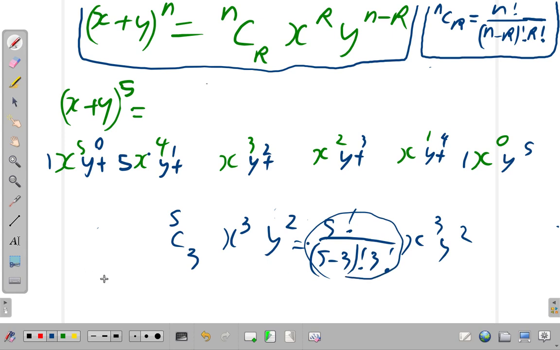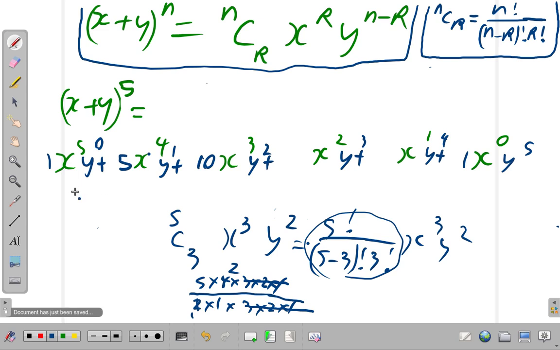This is what we want to figure out. 5 factorial is 5 by 4 by 3 by 2 by 1, over 5 minus 3 is 2, so 2 factorial we want, 2 by 1, times 3 factorial, which is 3 by 2 by 1. Now 3 by 2 by 1 cancels 3 by 2 by 1. 2 into 2 is 1, 2 into 4 is 2, 5 times 2 is 10. So it's 10 here.